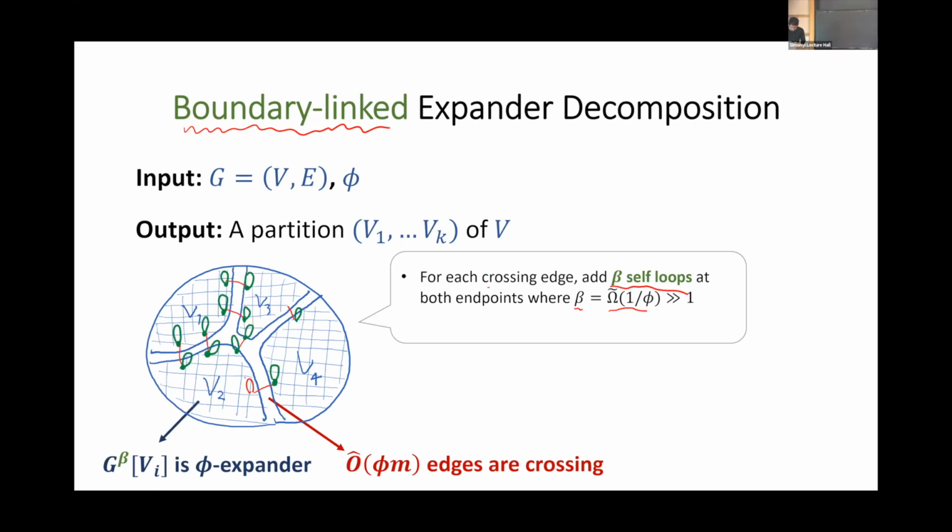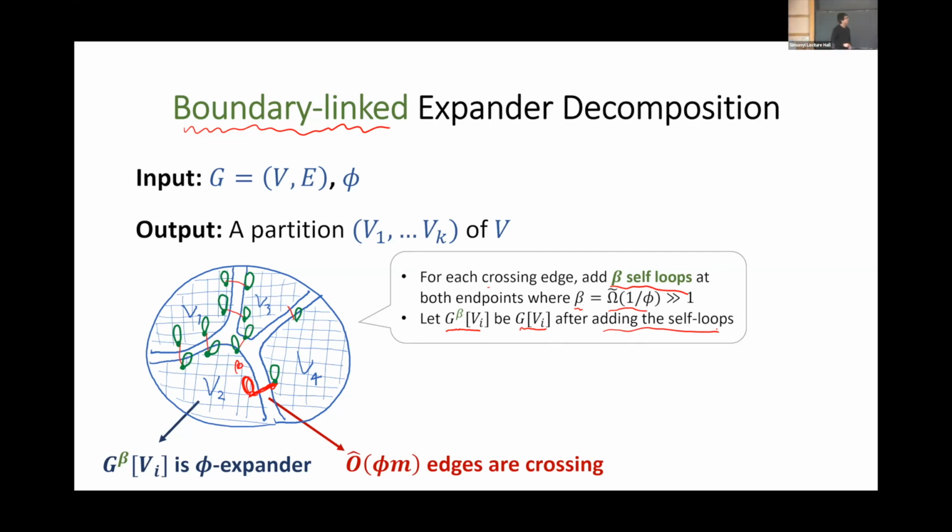So you add beta self-loops for each endpoint of the crossing edge. I denote by G^beta[V] the induced subgraph after adding these self-loops.